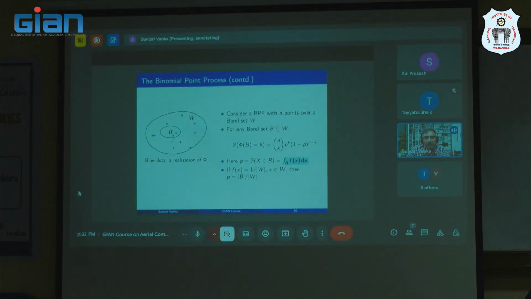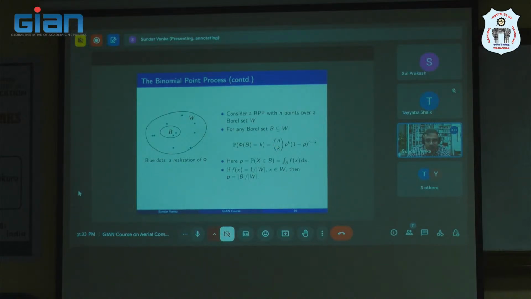If I'm given the position of any one of these UAVs and it has some PDF f of X, if I integrate that over B, that is the probability that X will be inside B. And because all the X's are chosen independent of each other, the probability that K of them will be inside B will be p to the K, and (1 minus p) to the power N minus K will be outside B. And because I can choose the K of these UAVs in N choose K ways, I get the first factor, the standard binomial distribution.